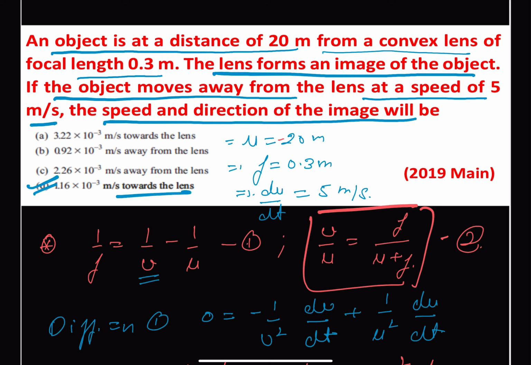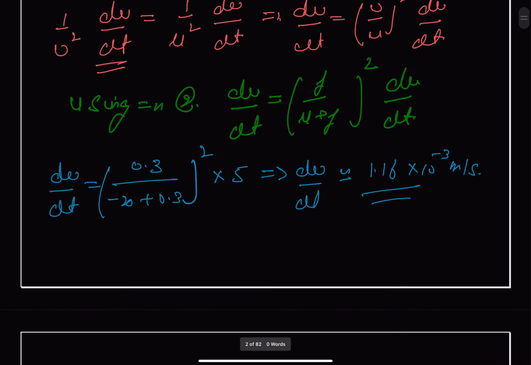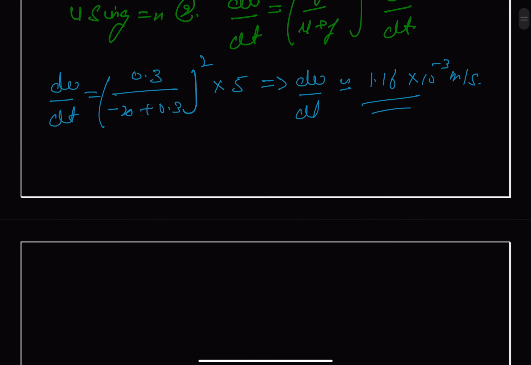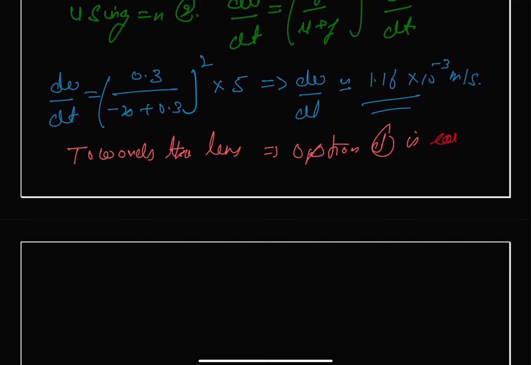So option number D is the correct one. Or we can say from here, towards the lens, and option D is correct.